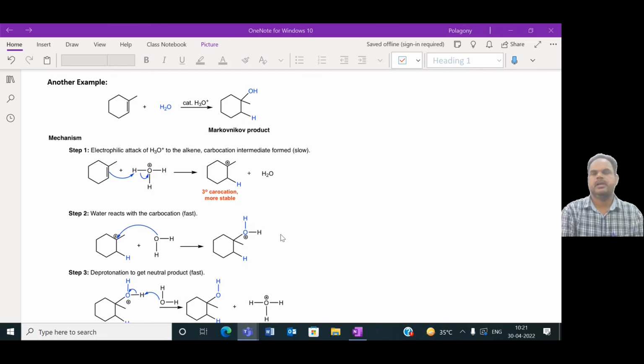This is based on the degree of carbocation formed. You already know that a 3-degree carbocation is more stable than a 2-degree, and a 2-degree carbocation is more stable than a 1-degree. According to the stability of the carbocation formed as the reaction intermediate, the carbocation will determine the formation of alcohol.